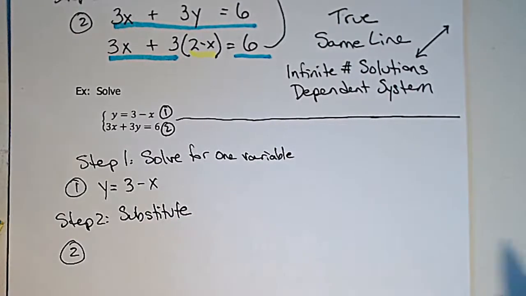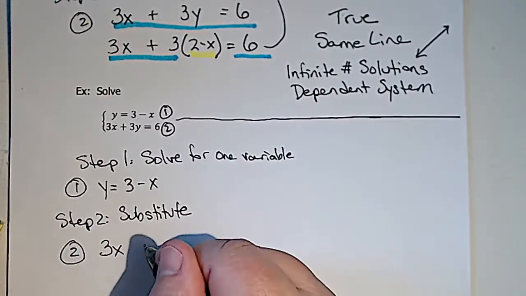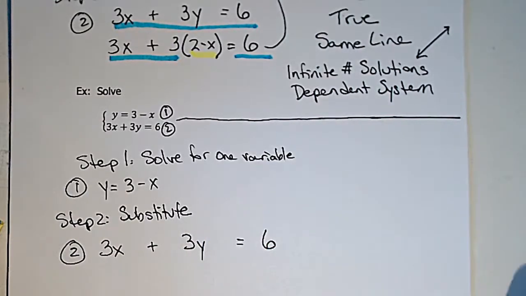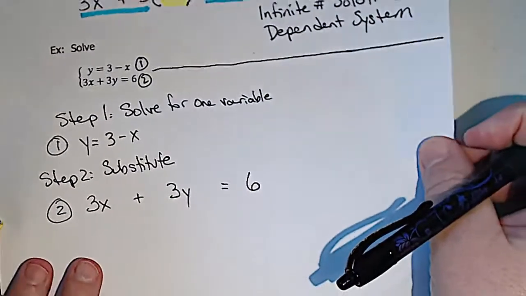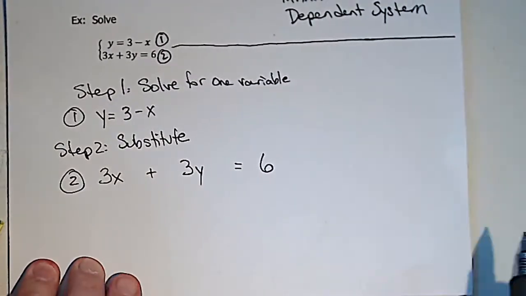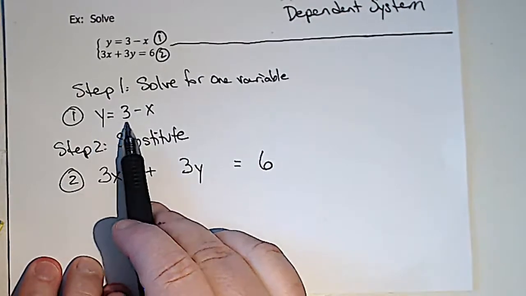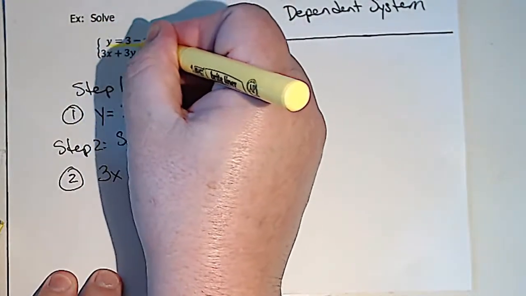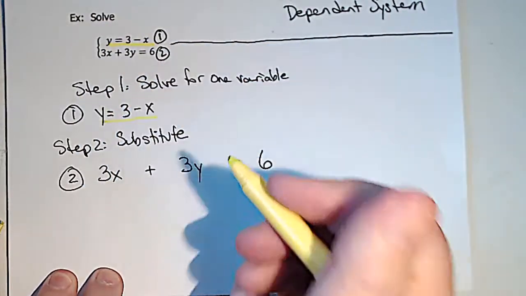I take my second equation, which looks like 3x plus 3y equals 6. This looks familiar. This is interesting. This has a very similar plot to his previous movie. Okay, so I'm going to take this y, which is, I haven't been coloring. Let me color. Here's my yellow happiness.